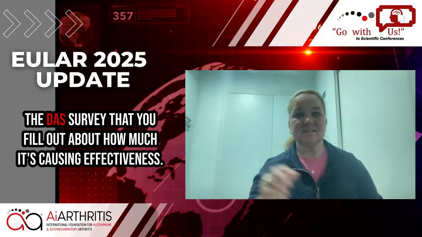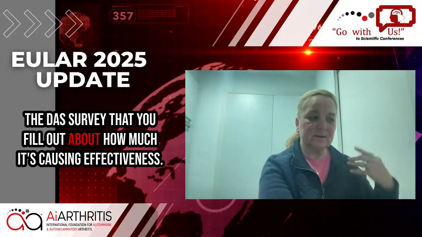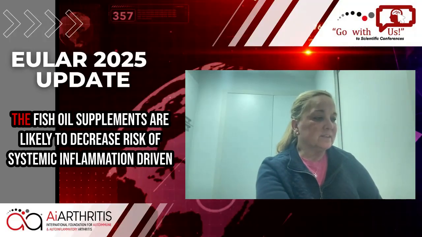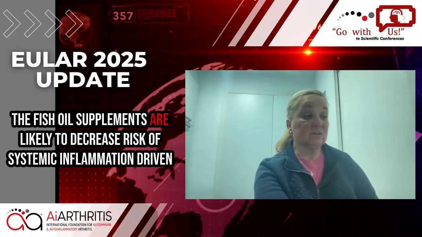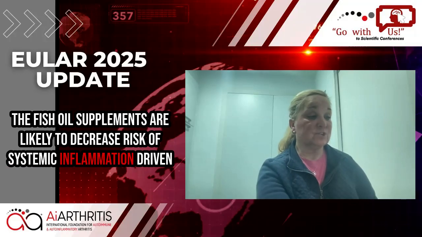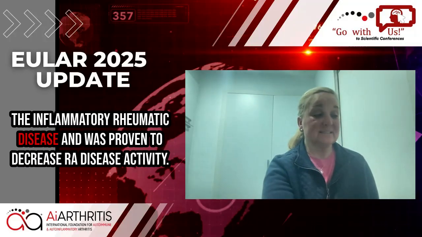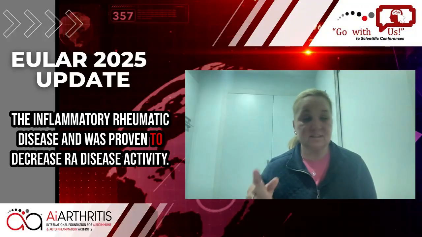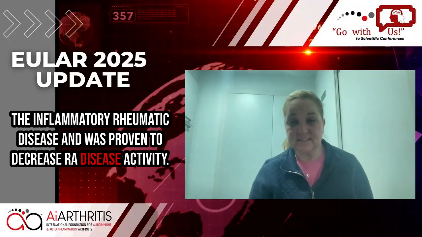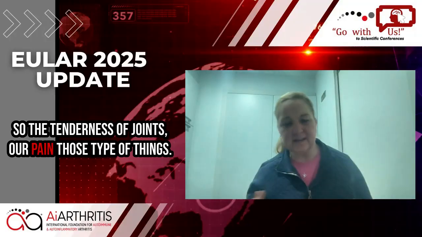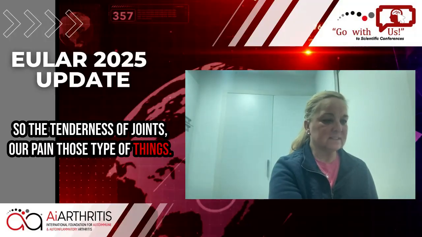The DAS survey that you fill out about how much it's affecting you. The fish oil supplements are likely to decrease risk of systemic inflammation driven inflammatory rheumatic disease and were proven to decrease RA disease activity. So the tenderness of joints, our pain, those types of things.